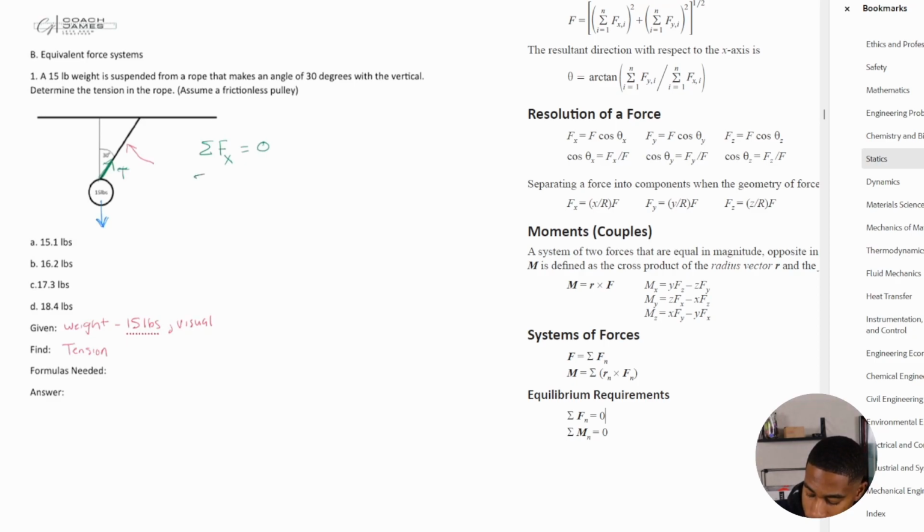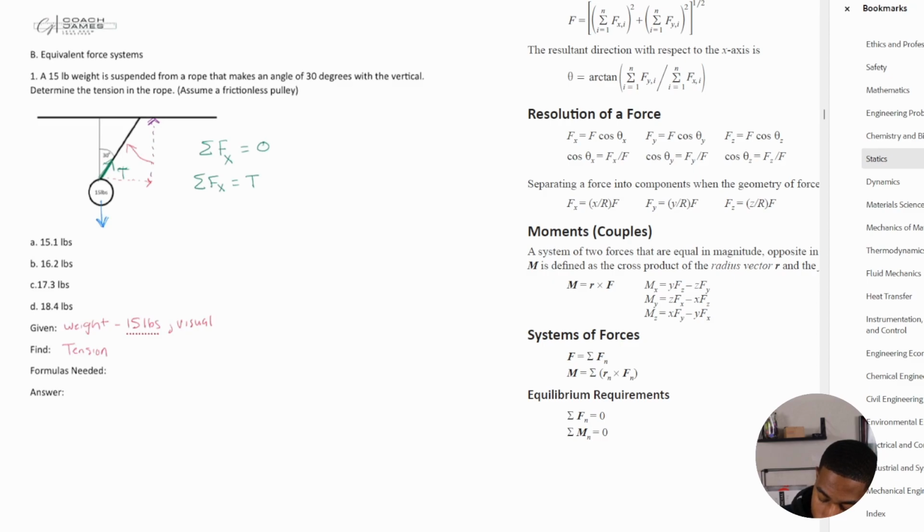The only force that I see in the x would be T. On this tension force, it's acting to the right for the x, that dotted line that I just drew, and upwards for the y.